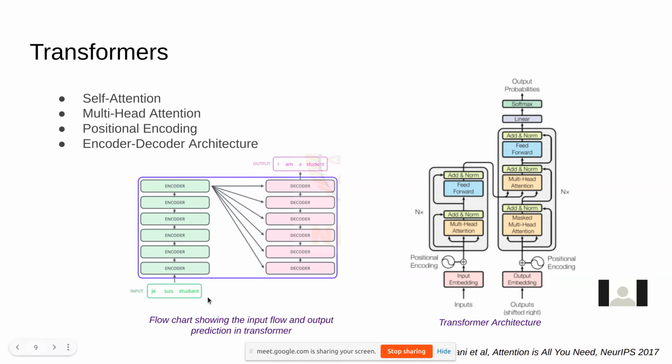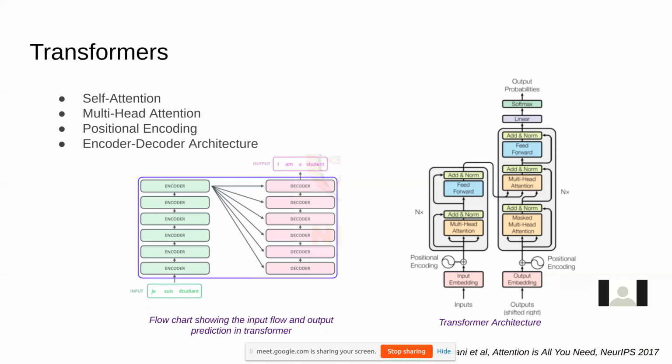If this is our source language, then we want the output in English. Okay. So from this "Je suis étudiant", it will produce the output "I am a student". Okay. And this is the architecture, and now we will try to look at and understand this architecture in detail. So starting with the first component, which is self-attention.